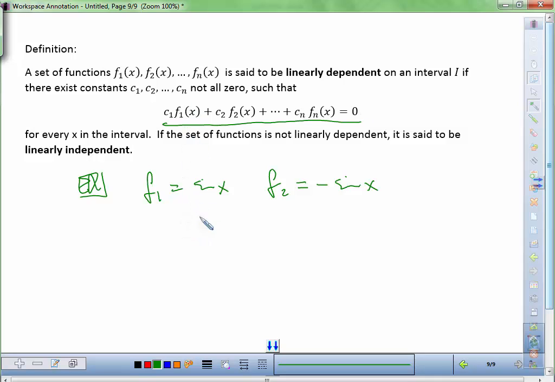So if I had c1 times sine x plus c2 times negative sine x, can I find a value for c1 and c2 that would make this equal to 0? I can use c1 is equal to 1 and c2 is equal to 1. I can use c1 is equal to 5, c2 is equal to 5. I can use a bunch of things where c1 is equal to c2.